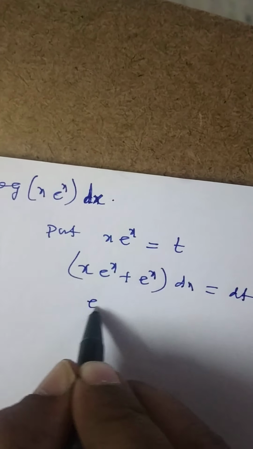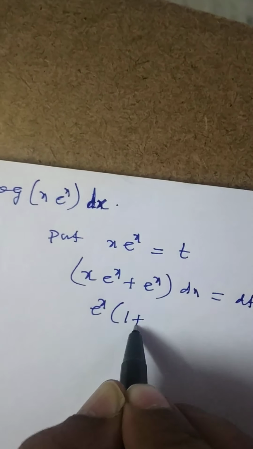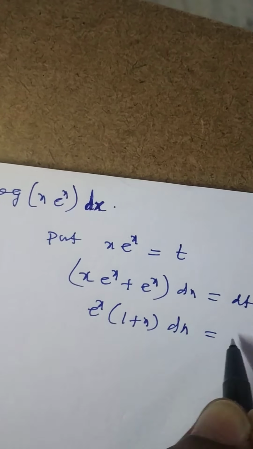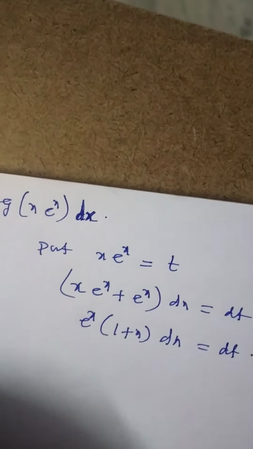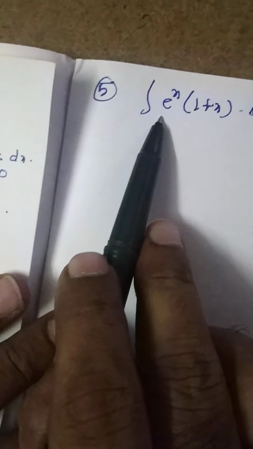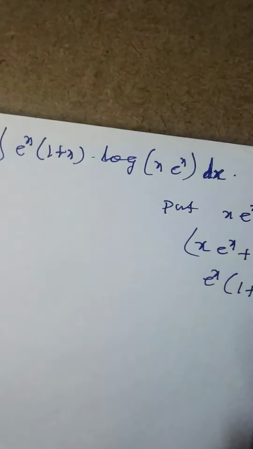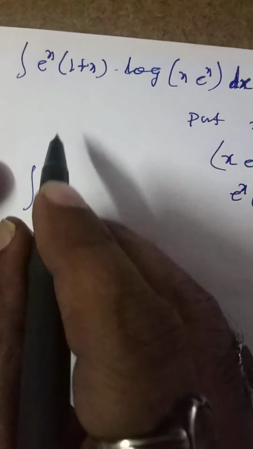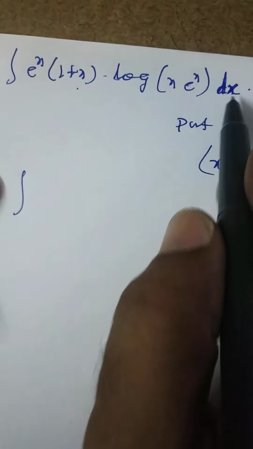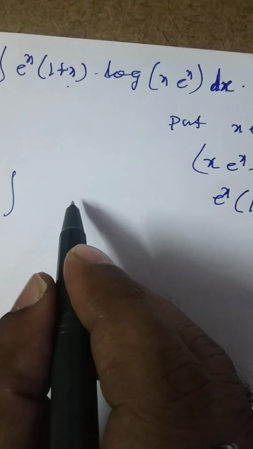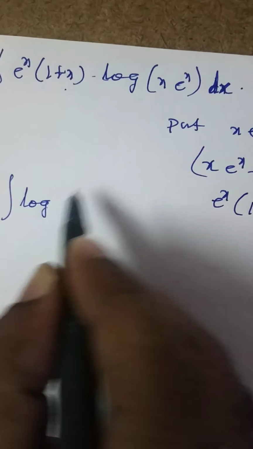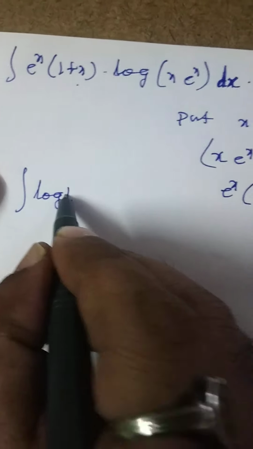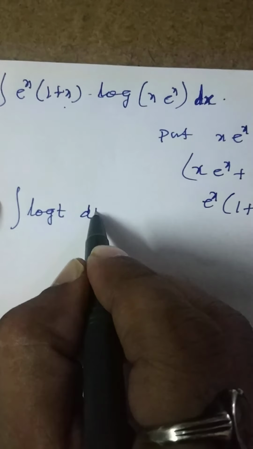On taking e power x common, e power x into 1 plus x dx is equal to dt. So integration of e power x into 1 plus x dx I am writing as dt, and log of this one I am assuming as t, so log t dt simply.